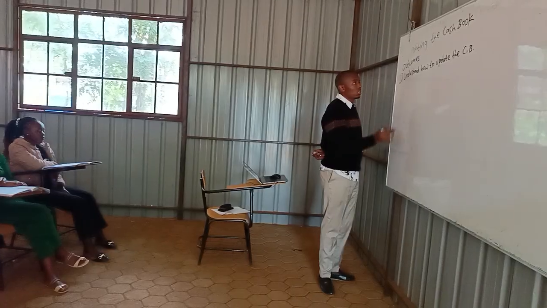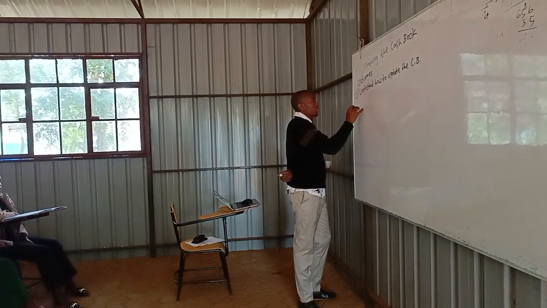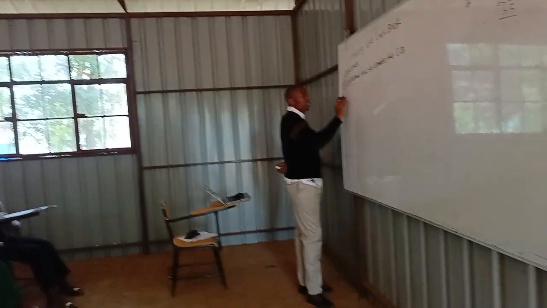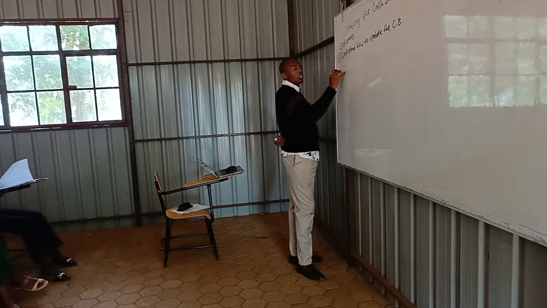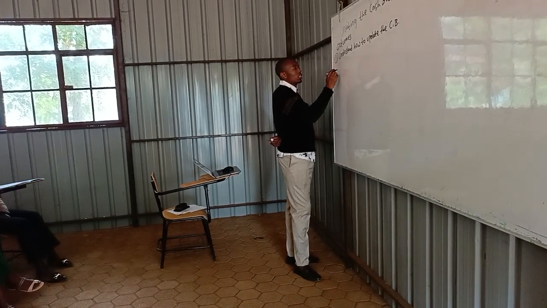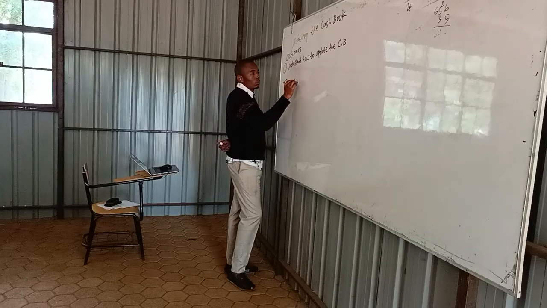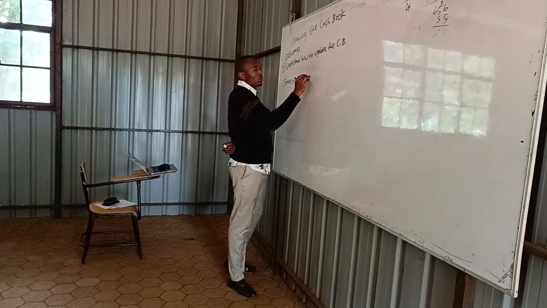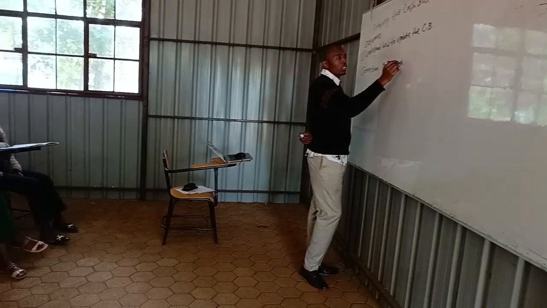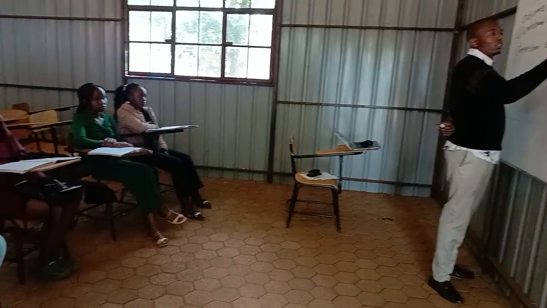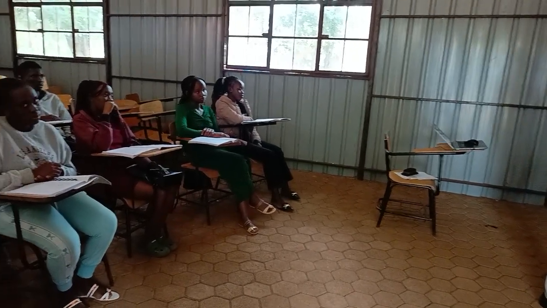Number two, after we know how to update the cash book, we need to know the correction of the bank statement. And how do we correct the bank statement? We correct it using the bank reconciliation statement.